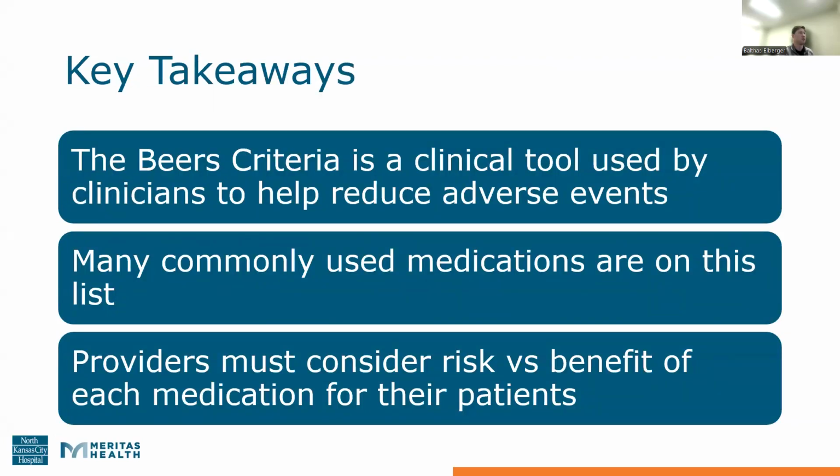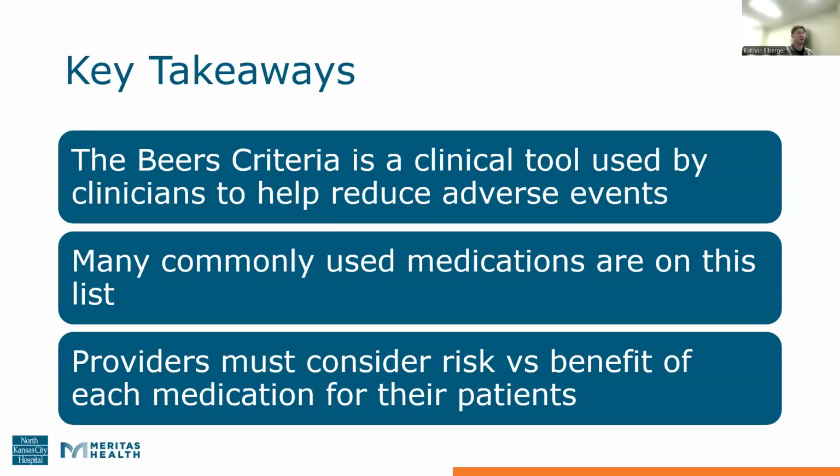So in summary, key takeaways: the Beers criteria is a clinical tool used by clinicians to help reduce adverse events, especially in our elderly population. Many commonly used medications are on this list. Just because it's on this list doesn't mean you can't use it.